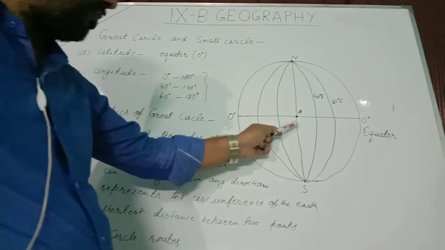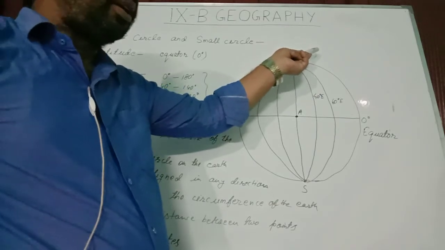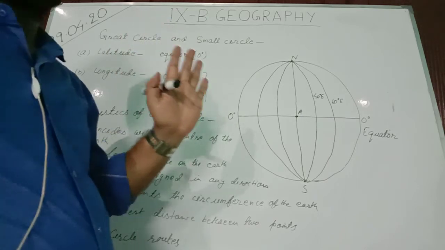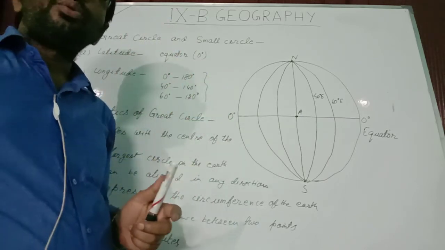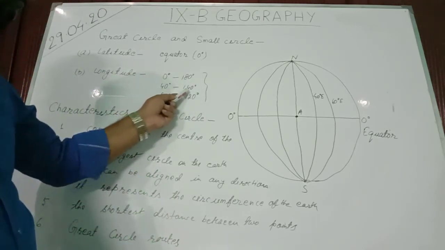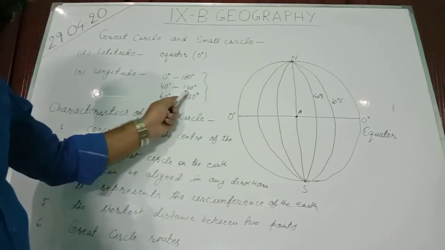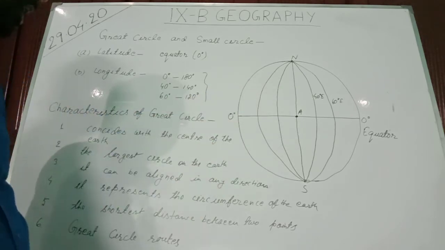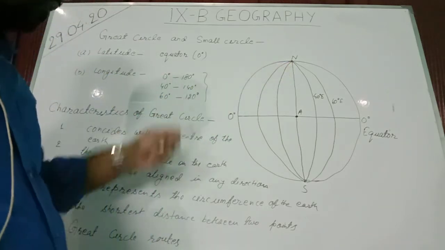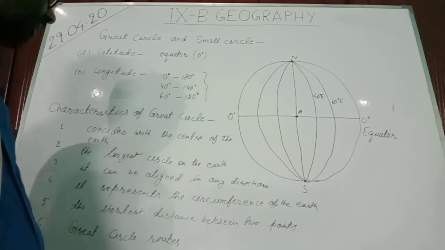If 0 degree is front, that is the prime meridian, the opposite of it will be 180 degree. The sum of those two longitudes should be equal to 180 degree. Then those two longitudes will also make the great circle. First is 40 degree, another will be 140 degree, the opposite of it. So 40 degree plus 140 degree equals 180 degree. If the front longitude is 60 degree, then the opposite of it will be 120 degree. 60 degree plus 120 degree equals 180 degree.